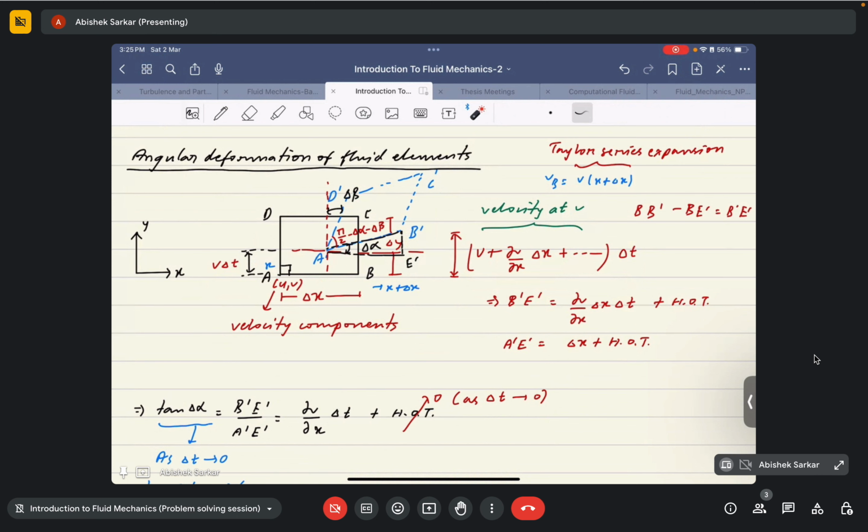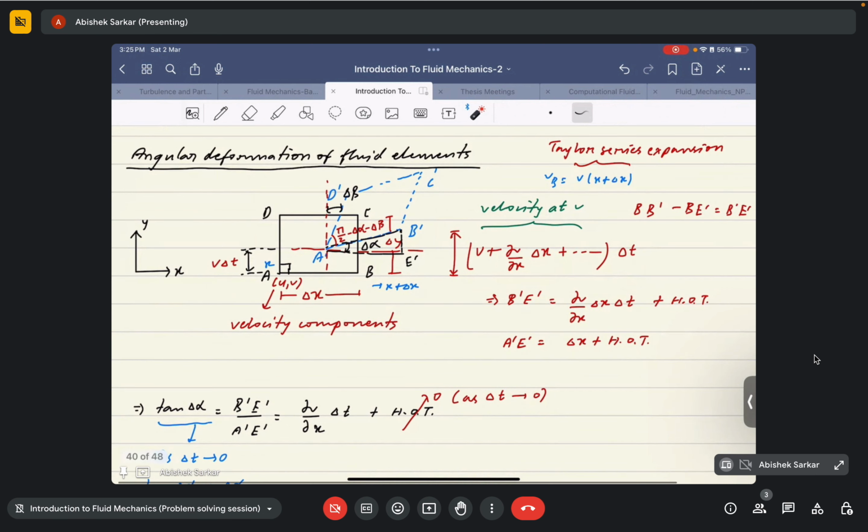I hope it's clear. Then this distance B dash E dash is given by B dash minus B E dash, where B dash will be given by this expression. Then just subtract v delta t from this length to get B dash E dash equal to dou v by dou x delta t plus some higher order terms.